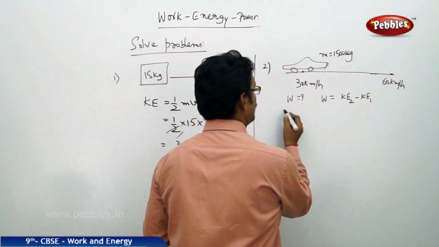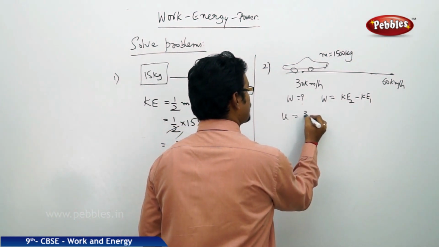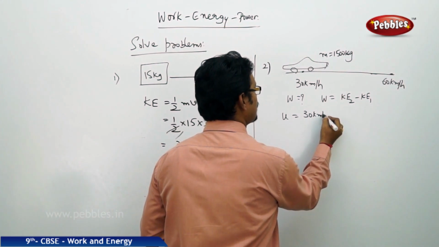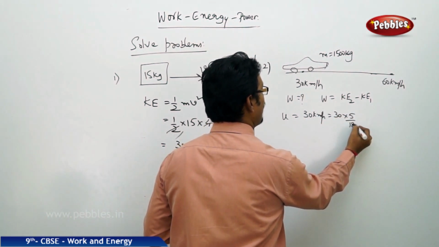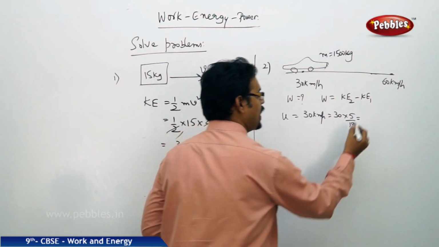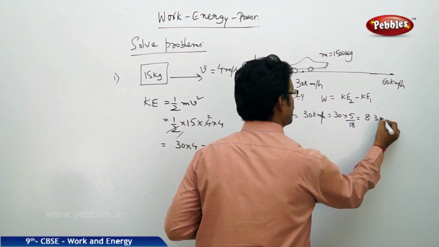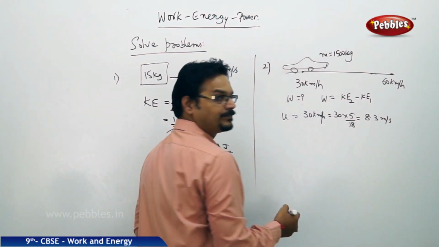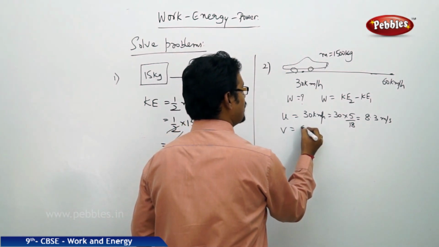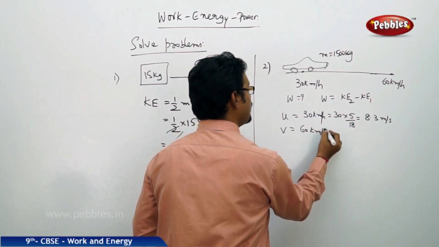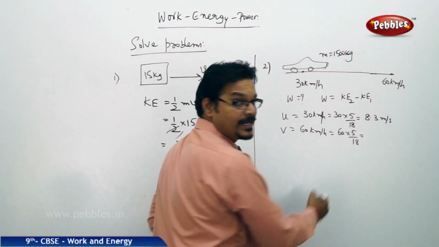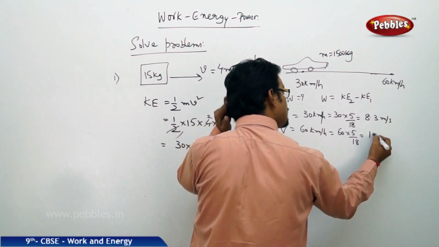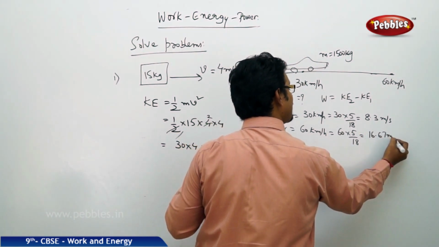So you take initial velocity u, which is 30 kmph. If you want to convert into meters per second, 30 into 5 by 18, and its value is 8.3 meters per second. Now final velocity v, 60 kmph. So 60 into 5 by 18, and its value is 16.67 meters per second.